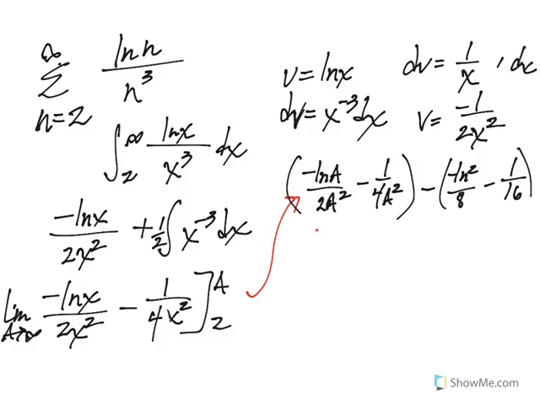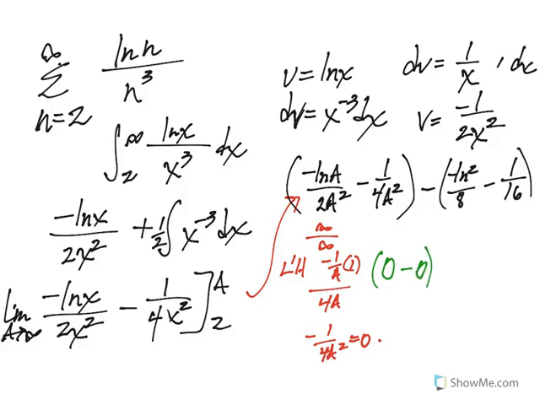I believe that this is infinity over infinity, which is indeterminate. Let's use L'Hopital on that. That gives me negative 1 over a times 1, over 4a, which gives me negative 1 over 4a squared, which goes to 0. So this first part actually goes to 0. Minus, I've got 1 over 4 times huge, which is also 0. 0 minus 0 is determinate. That does give me 0.